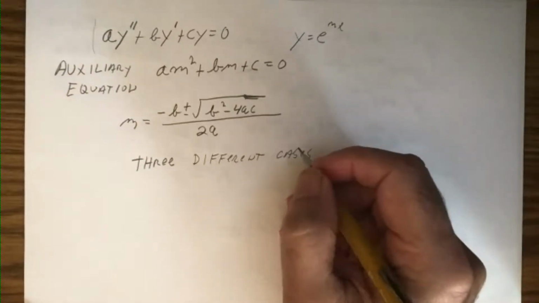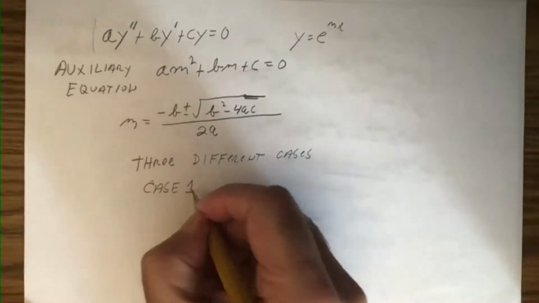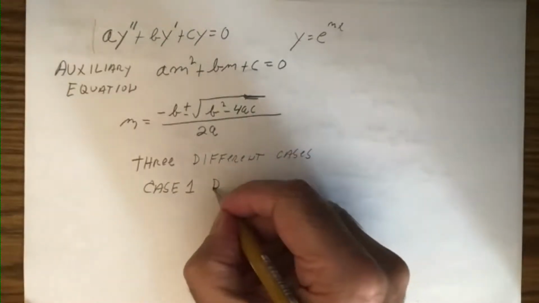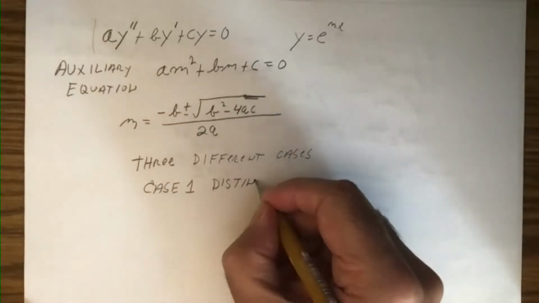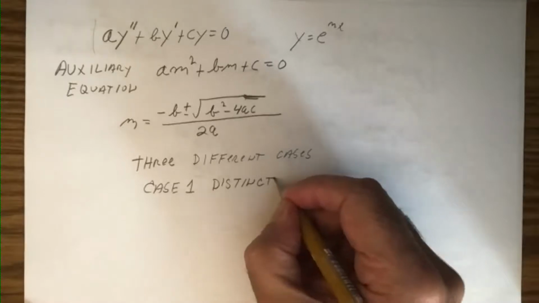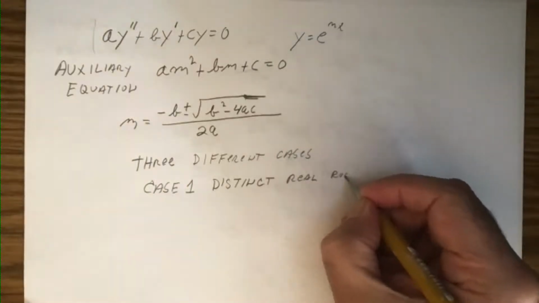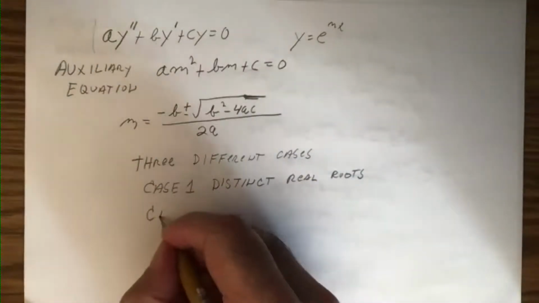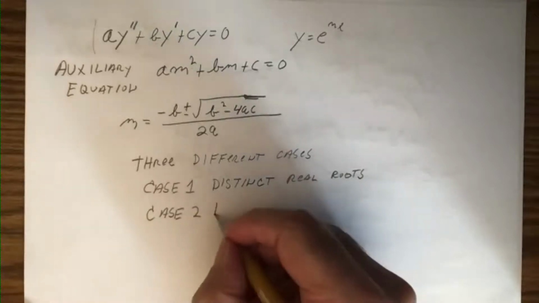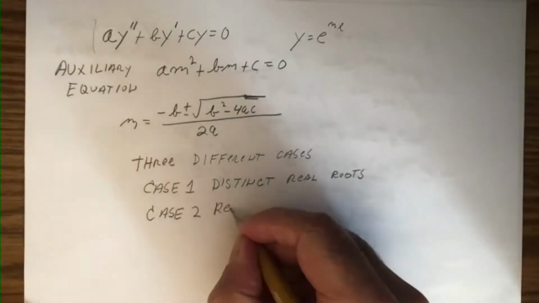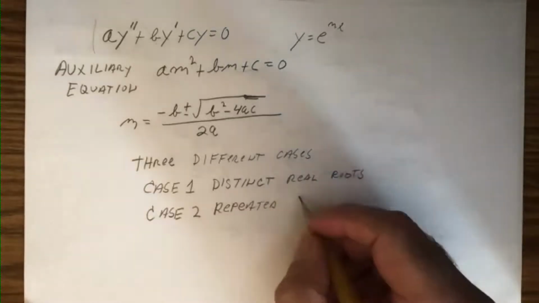Case one is where we have distinct real roots, that when we solve the quadratic equation, we get distinct real roots. Case two is where we have repeated roots, and I'll do an example of repeated roots.